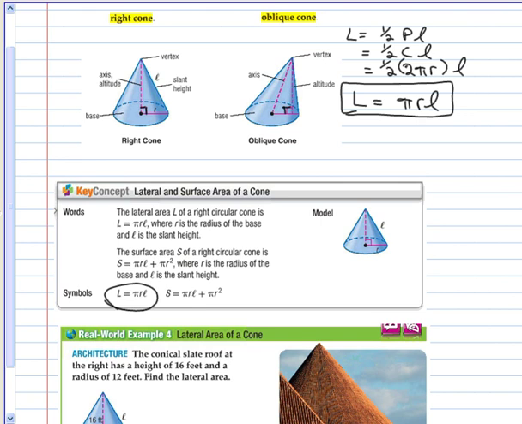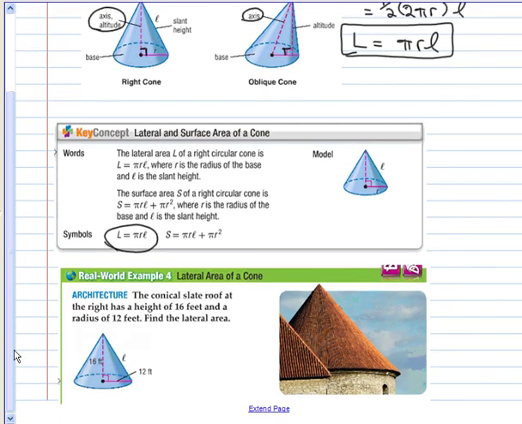That axis may be the altitude if it's a right cone, or may not be if it's an oblique cone. Other than that, we have the same terms. Vertex, we have slant height coming right up the side. So our total surface area formula: we have our lateral area, pi r L, plus the area of the base, and since the base is a circle, it's pi r squared.